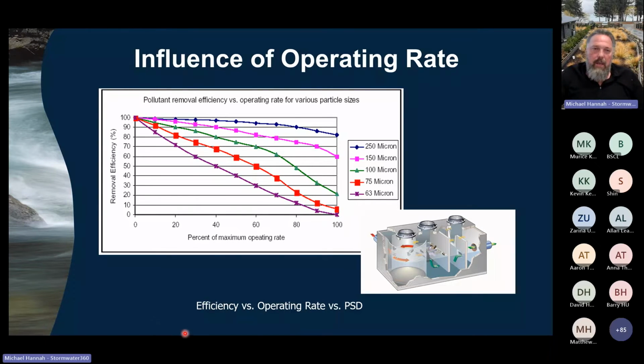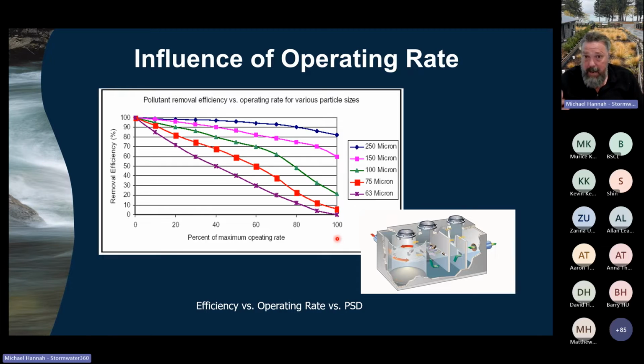There's also an influence of the operating rate of a treatment device. If you're looking at performance data and someone gives you suspended solids data, okay, let me start again. This slide shows how the different particle sizes are removed by different operating rates of a treatment device.